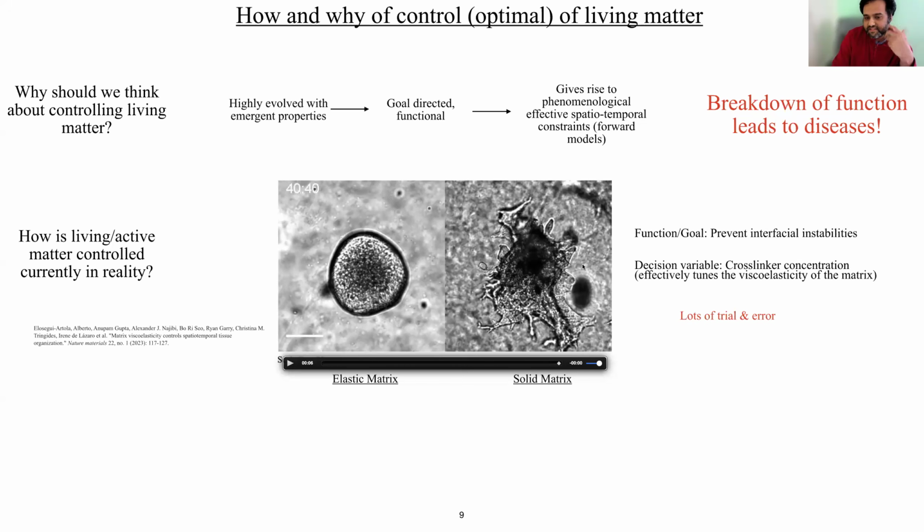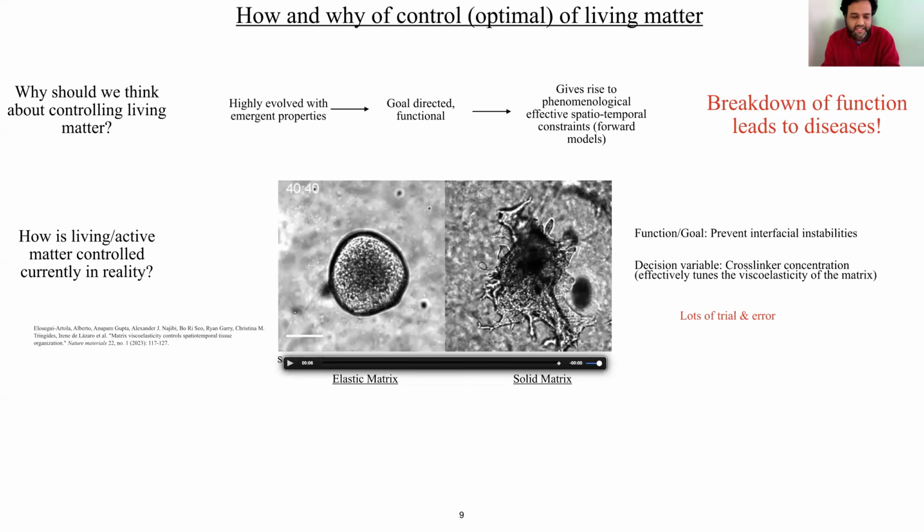In this case, the decision variable the experimentalist has to worry about is the cross-linker concentration, which lets them change the rheological properties of the environment so that the tumor behaves in a manner useful to the human body. And this experiment is done through lots of trial and error.